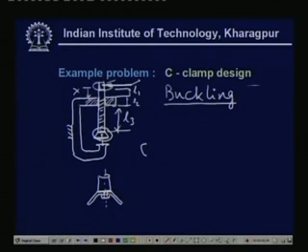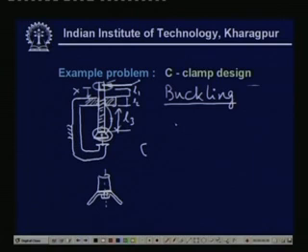Once a material is subjected to compressive stress, all of a sudden the whole structure may become unstable, and it may actually bend like this, and whenever it bends, a large amount of bending stress is developed, which ultimately leads to failure. So, we will have to check for the buckling.